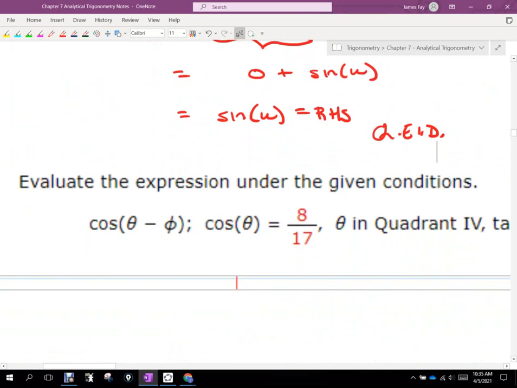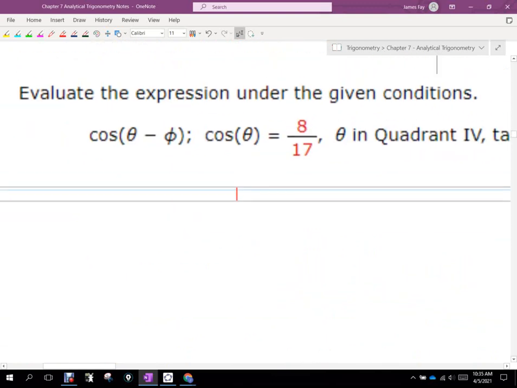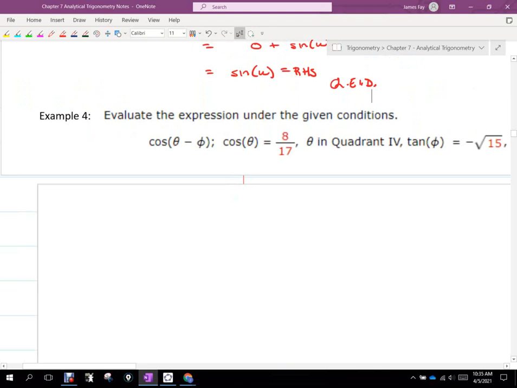All right, this is the culmination of today, and this is we've done this. If I've given you an example of like what cosine of, let's just say theta, was equal to, let's say, negative 3/4, and I told you that theta was in Q3, can you find sine of theta?